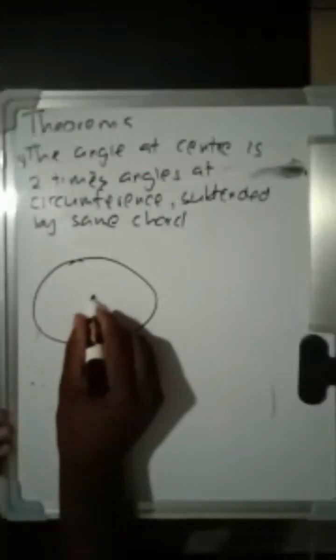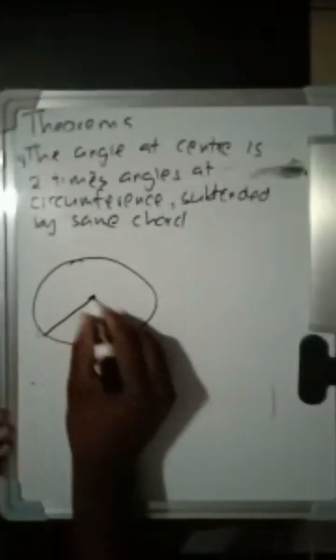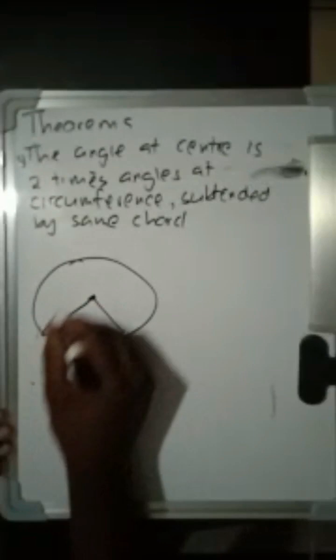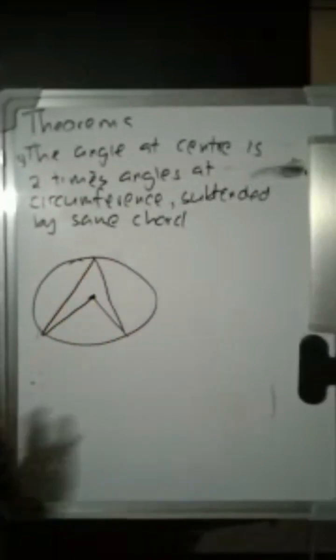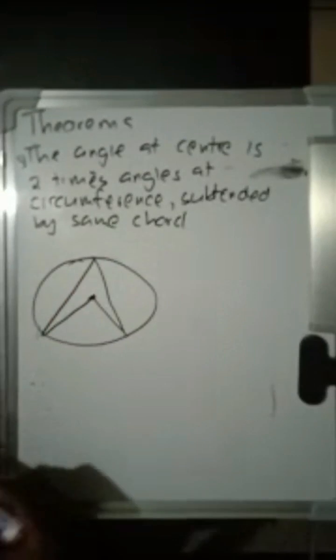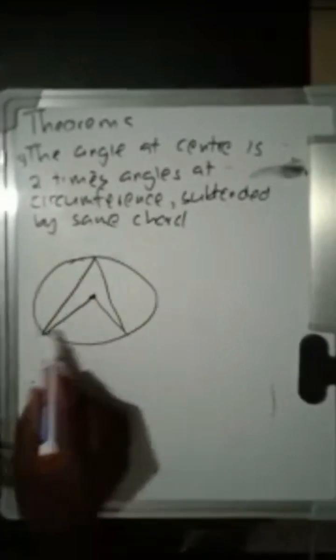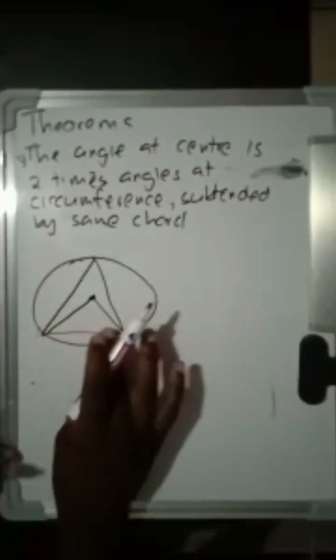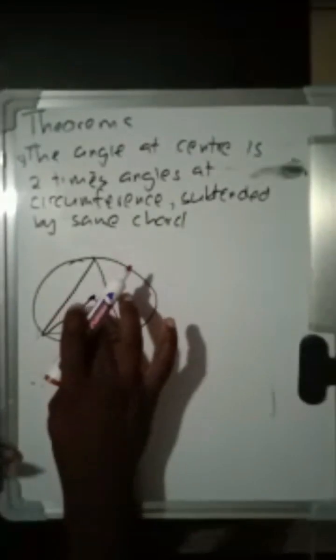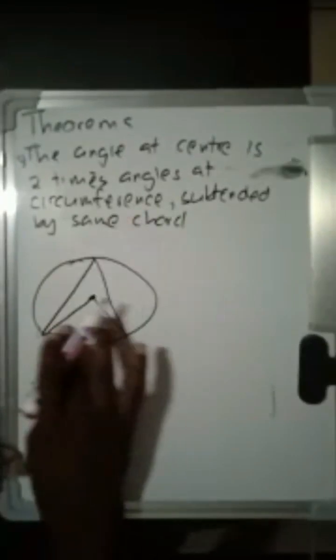Okay, what do we mean by that? We have the center there, and we do not have the chord there, but we see that a chord can be drawn there. That is actually supporting this one at center. Then there's also this one at circumference.